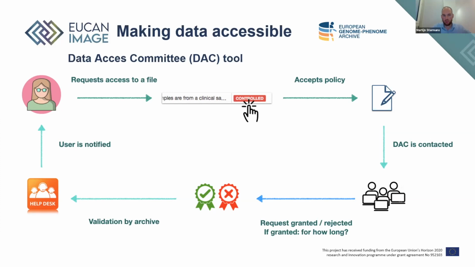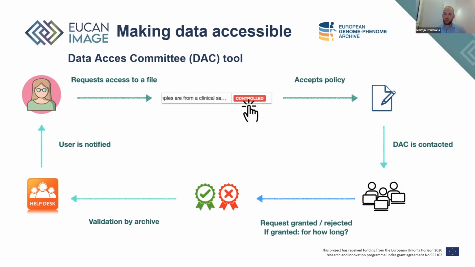So in EuCanImage, we make use of a data access committee tool that's developed and hosted by the EGA. So in this tool, users can request access to a specific file or data set. We have certain policies for data sets, so like DTAs, DPAs. If these are accepted, the data access committee is contacted.